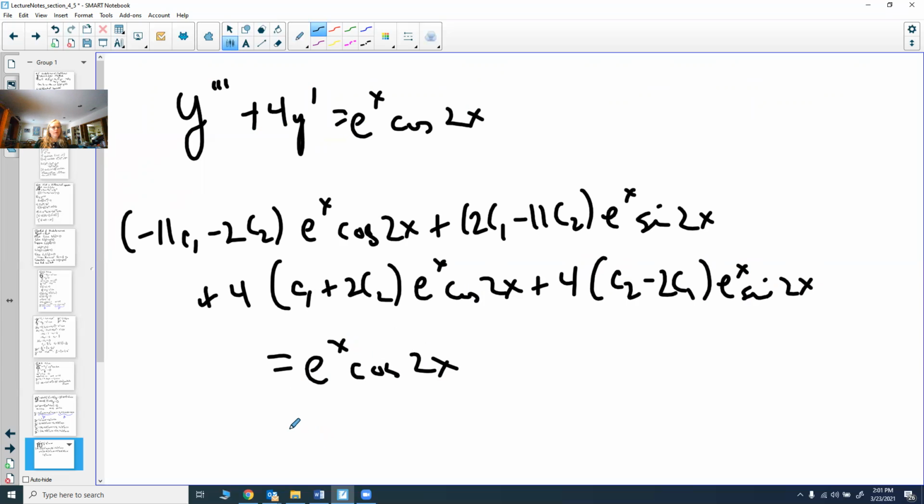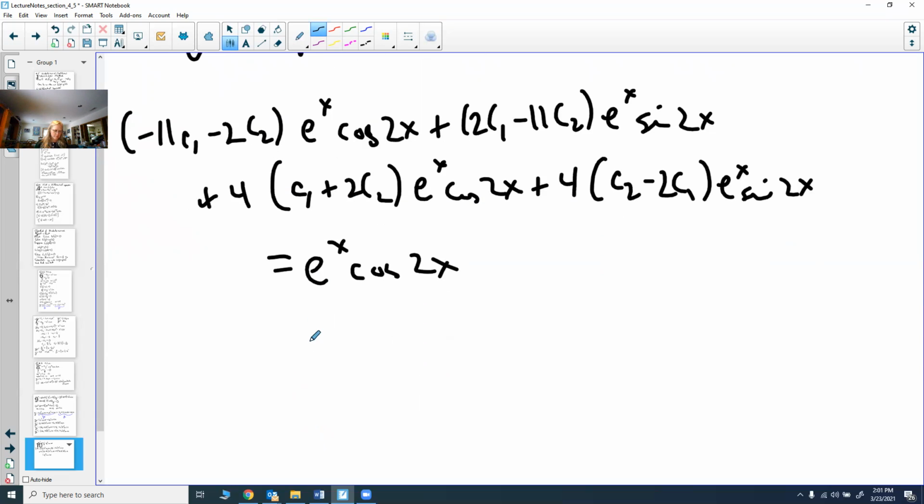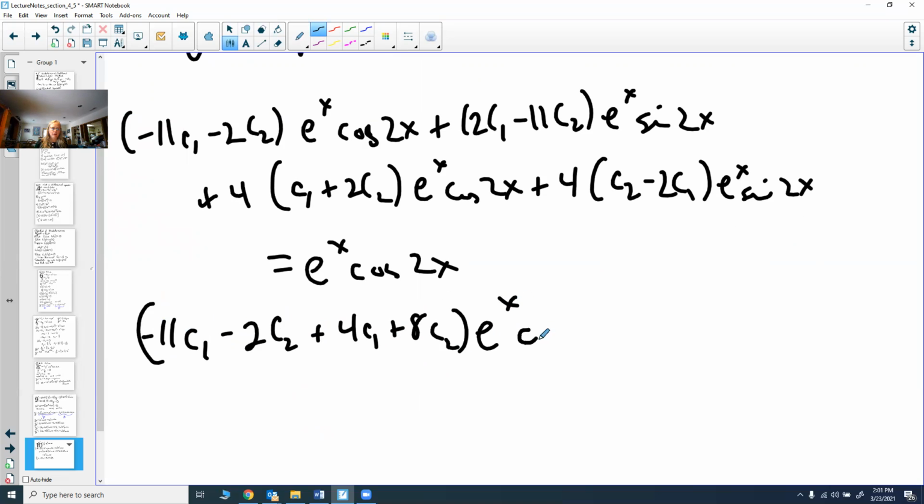Okay, so now all you have to do is multiply all this out, collect all your like terms. When I do that, I get minus 11c1 minus 2c2 plus 4c1 plus 8c2, all times e to the x cosine of 2x.